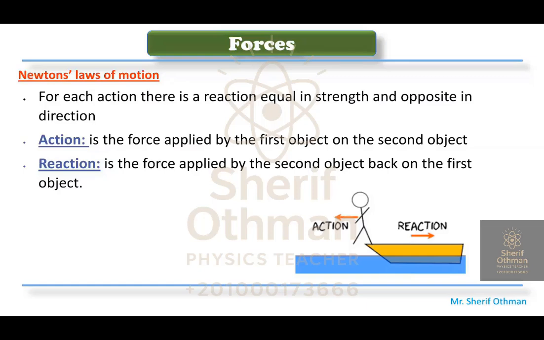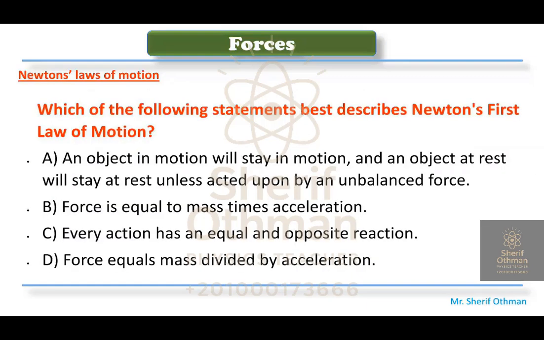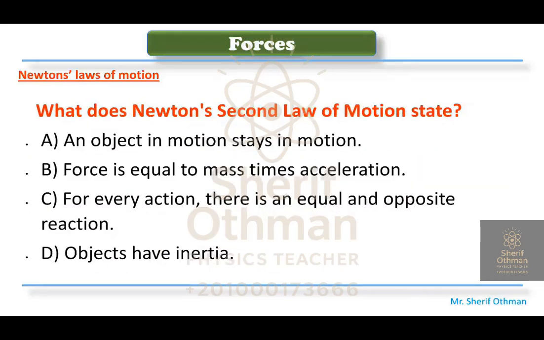Which of the following statements best describes Newton's first law of motion? An object in motion will stay in motion, and an object at rest will stay at rest unless acted upon by an unbalanced force. What does Newton's second law of motion state?